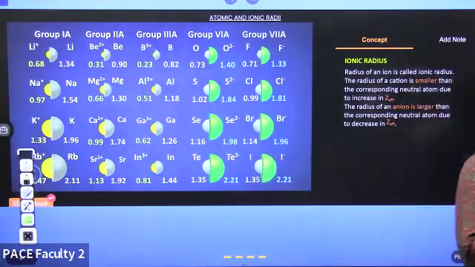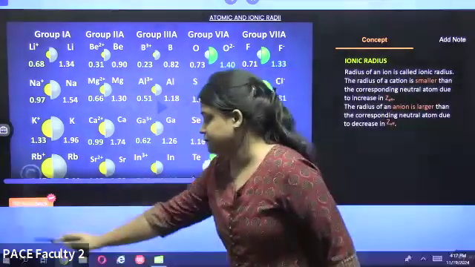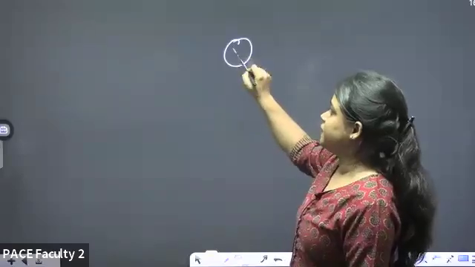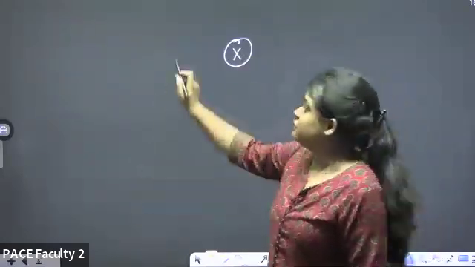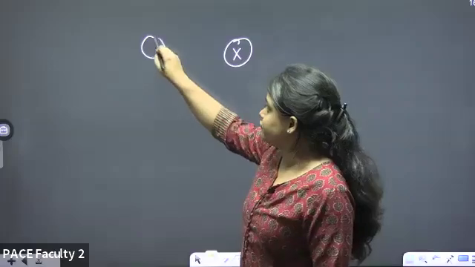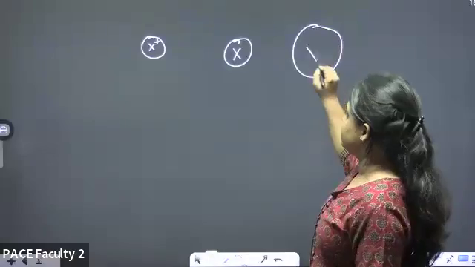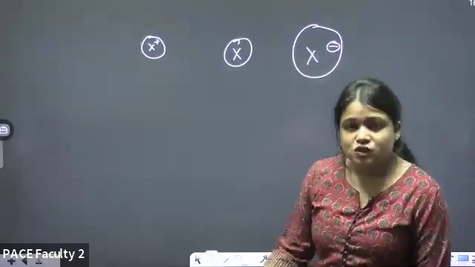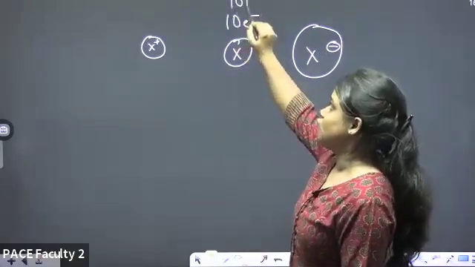So basically, we are trying to compare the radius of anions and cations. He is saying that in case of a neutral X, any atom X, this is the atomic radius. If you make the X positive, it will have a smaller size. Negative of it will have a larger size. Example, suppose my element X has 10 protons.